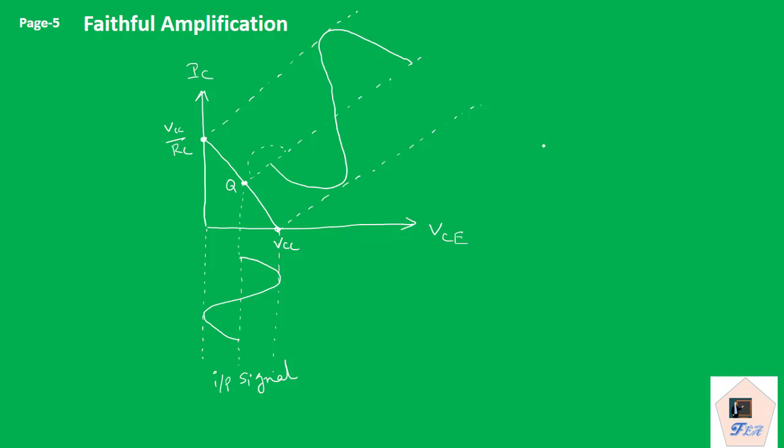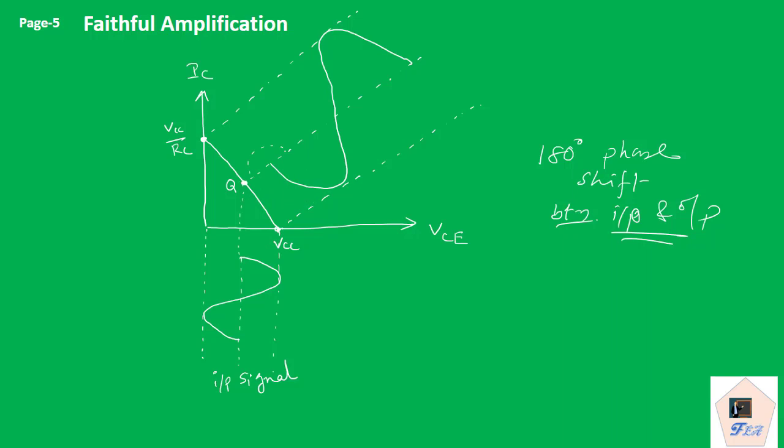This is one important point you should note, a 180-degree phase shift between input and output of CE mode. So we get a 180-degree phase shifted and amplified version. Each point in the input signal is equally amplified, so we call this a faithful amplification.